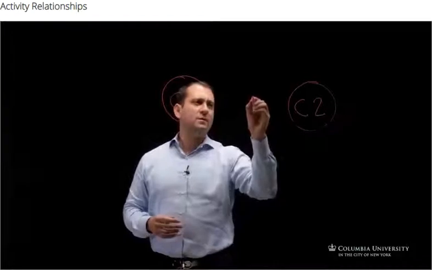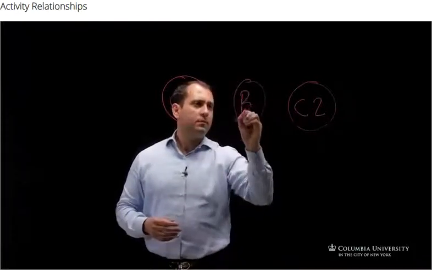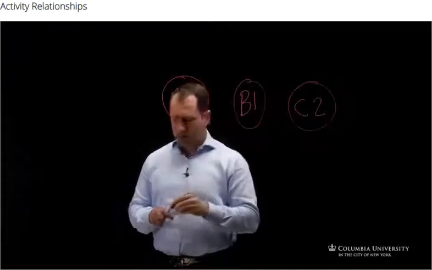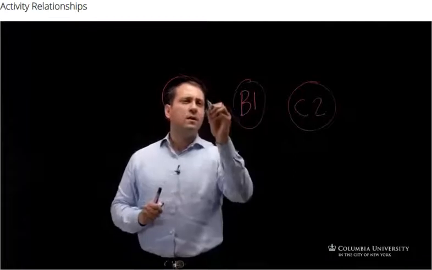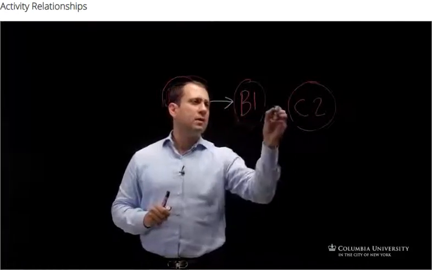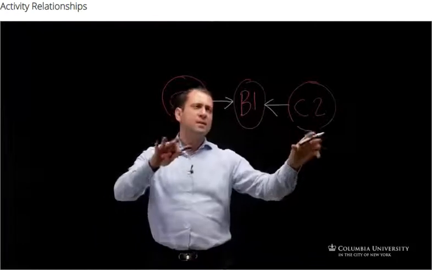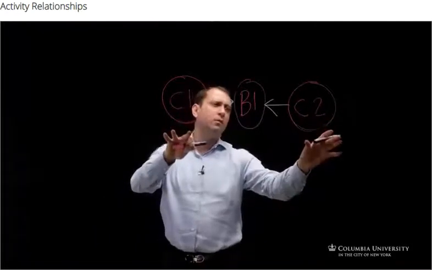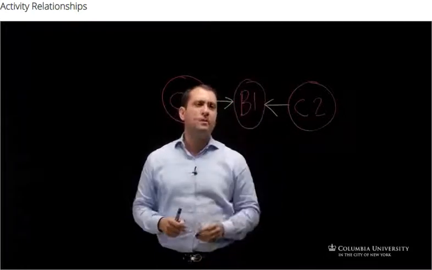And we have beam 1, and the relationship looks like that. It says that we are building column 1 and column 2. After we finish both columns, we will be building beam 1.